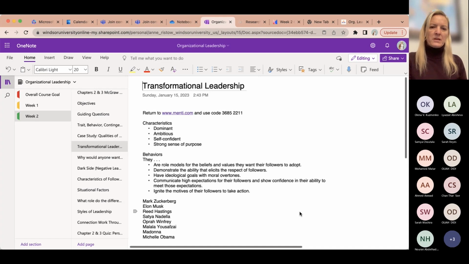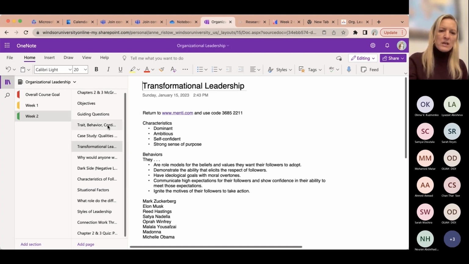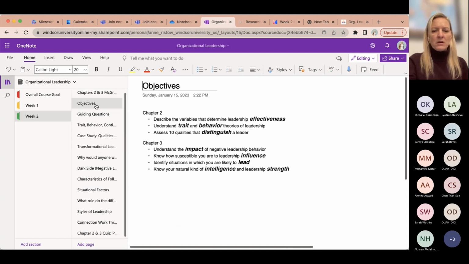So I hope everybody got a chance to really think about the case study itself and the contingencies, trait, and behaviors, and how that all plays a role into our learning.